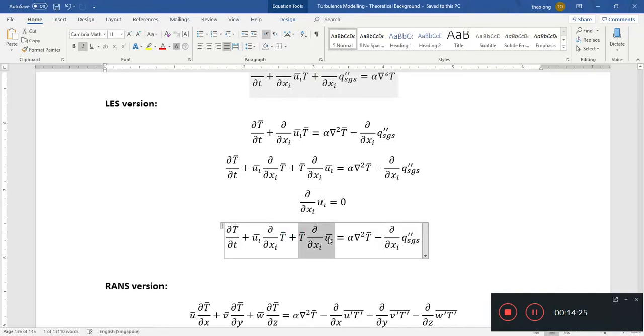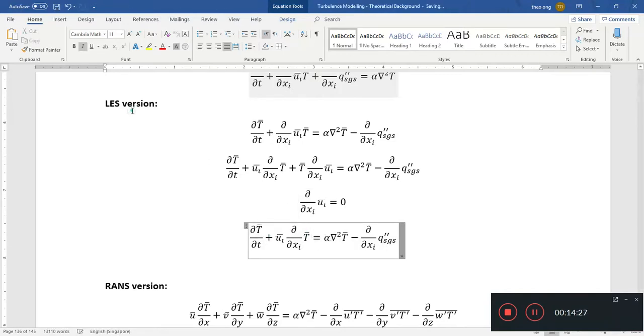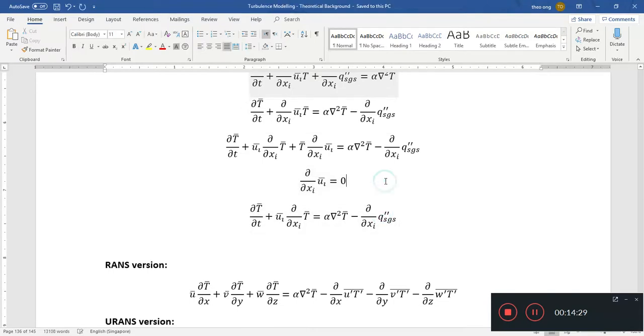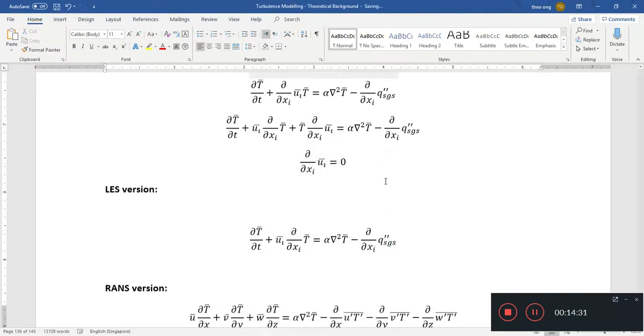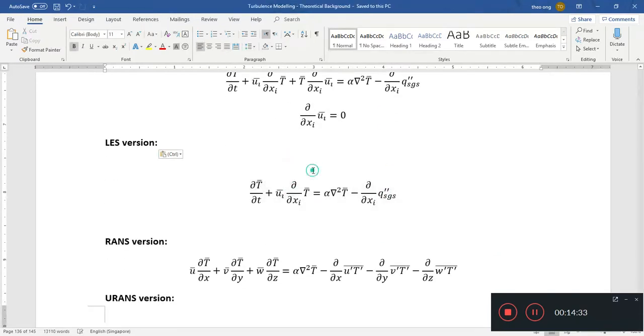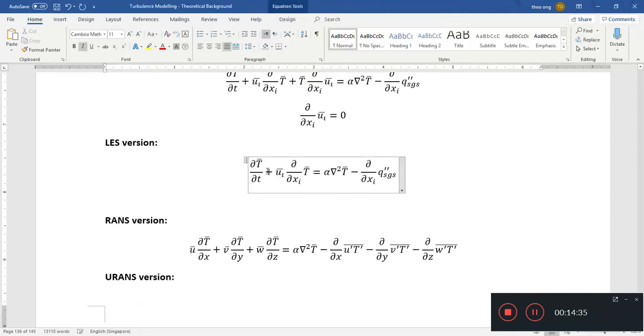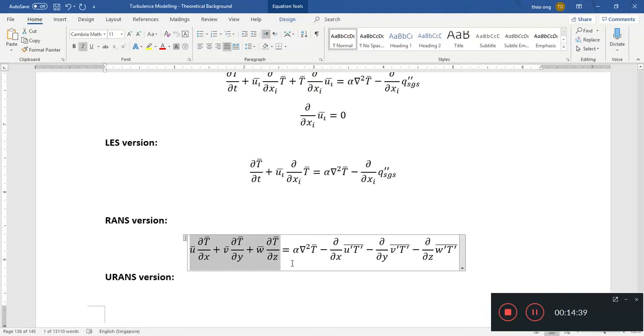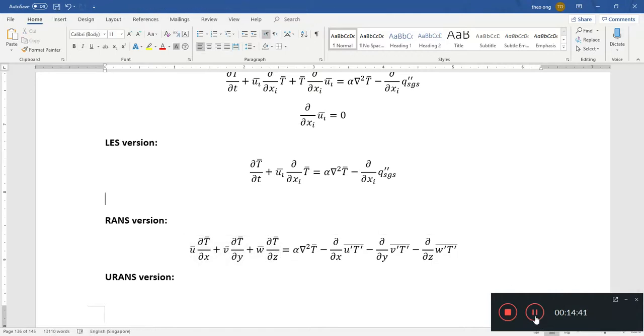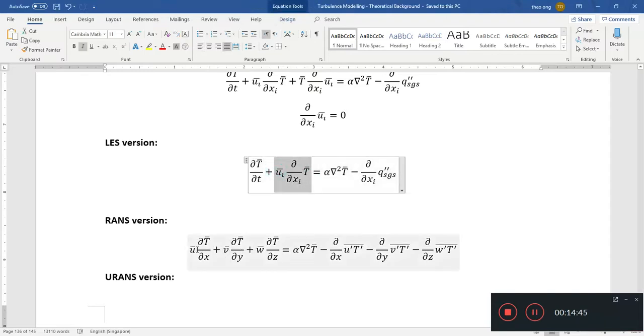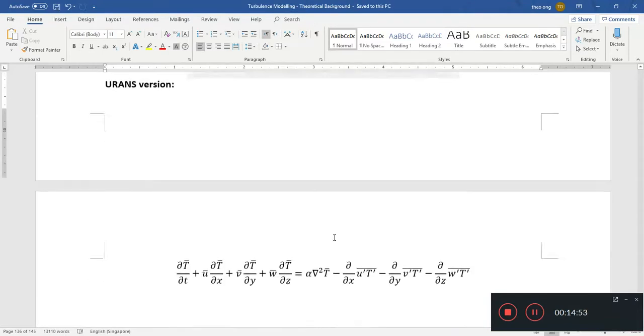So I will just cut this and paste here. So this is the final way it should look, and this term is actually just this term over here. So there's no difference there. Hopefully you know what Einstein notation is. I just contracted it for convenience.